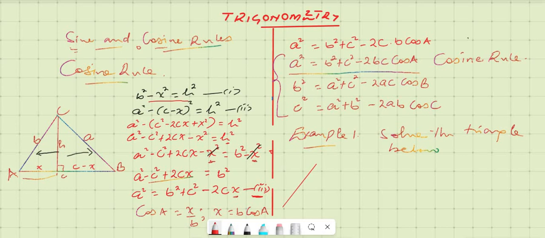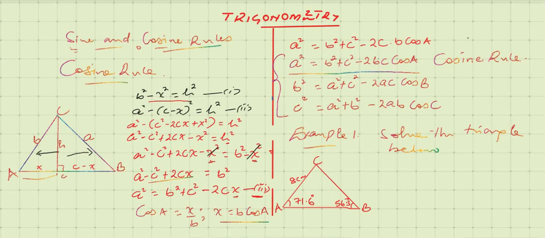Suppose we have modeled some triangle of this nature, and we will say that the angles are A, B, C, and that this one is 71.6 degrees, and this one is, let us take, 56.3 degrees, and this side is 8 centimeters.